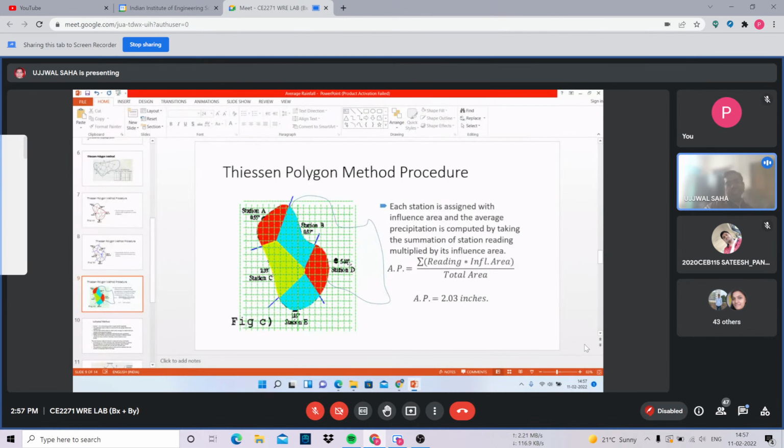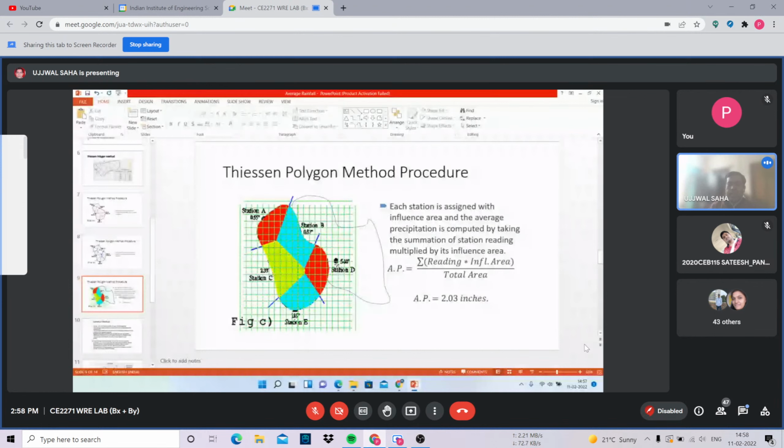Rain gauge stations are fixed. If you ask how we have fixed them, we have fixed them based on our opportunity and convenience. Suppose we fix it at the top roof of our 8th floor building, we will install an automatic weather station there, because we have this location and the roof is free.